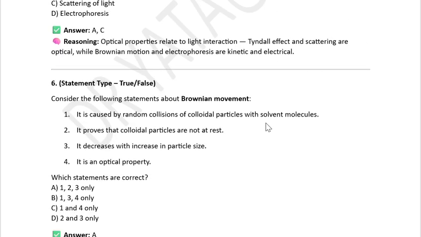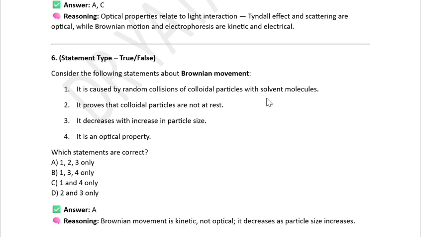Next, question number 6. Consider the following statements about Brownian motion. One, it is caused by the random collision of colloidal particles with the solvent molecules. Two, it proves that colloidal particles are not at rest.